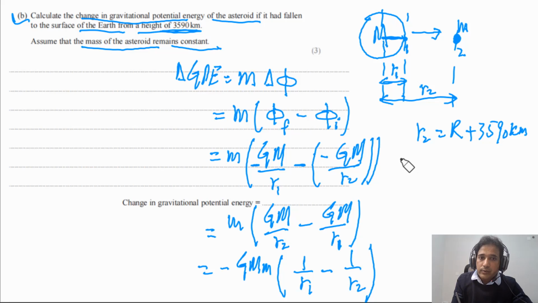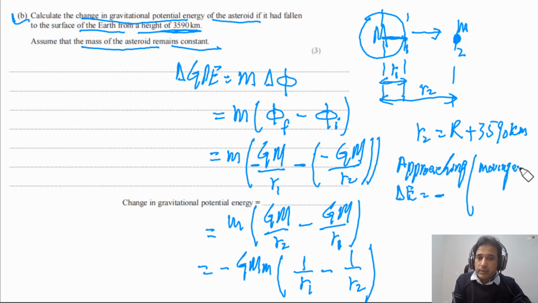So let me write down here: if it is approaching, meaning getting closer, the change in potential energy, delta E, has to be negative. So the answer must be negative. And if it is moving away, the change in potential energy has to be positive. In this case, as it is approaching, the potential energy is decreasing, so it has to be negative.